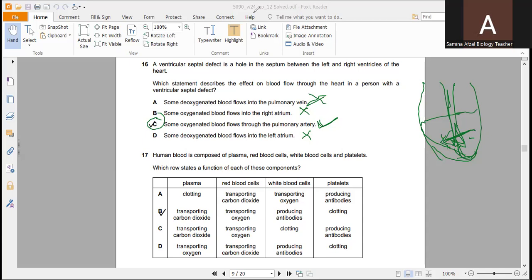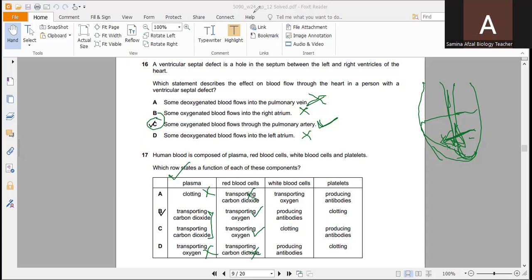Next question, human blood is composed of plasma, red blood cells, white blood cells and platelets. Which row states a function of each of these components? Plasma, which is the liquid portion of the blood, is helpful in transportation of carbon dioxide because it is not performing the function of clotting. So it transports the carbon dioxide. Red blood cells transport oxygen.